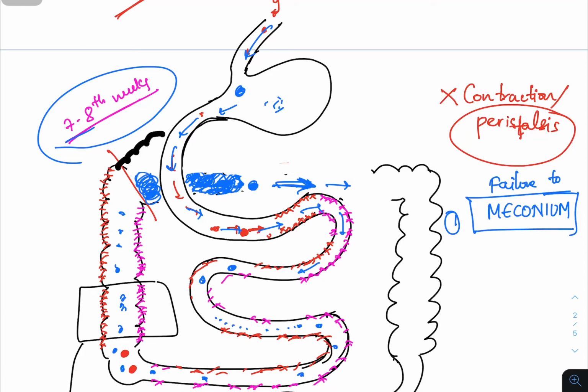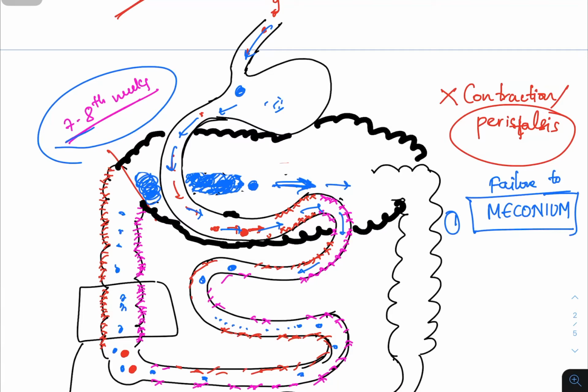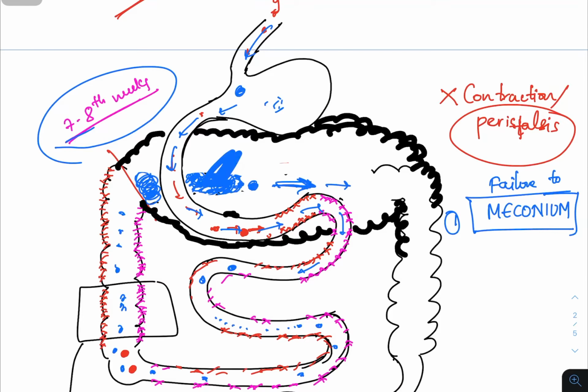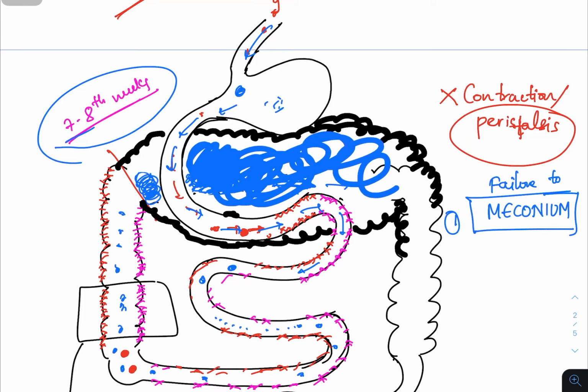At times the transverse colon might distend like this, because it is completely filled with a lot of food. So the transverse colon will obviously distend. This is the entire transverse colon having food.